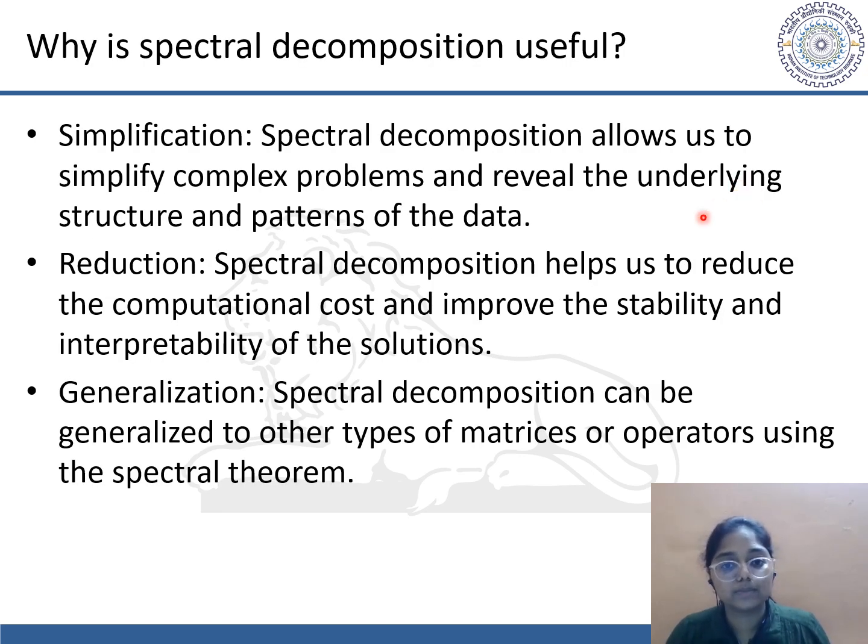And why spectral decomposition is useful, like I've already said before, it allows us to simplify complex problems by using eigenvalues and eigenvectors, and helps us better understand the structures and patterns of the data.